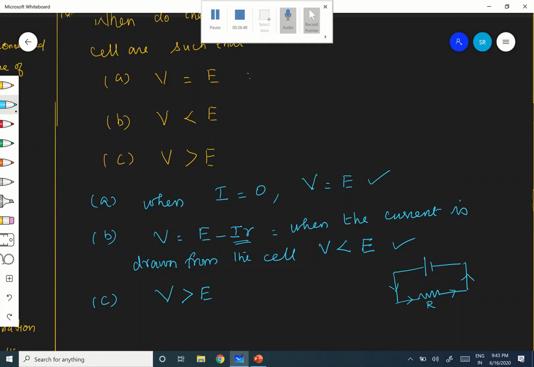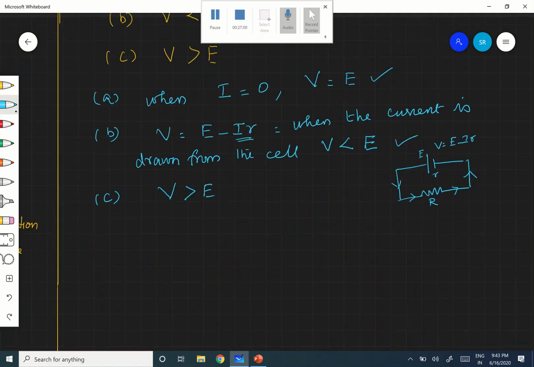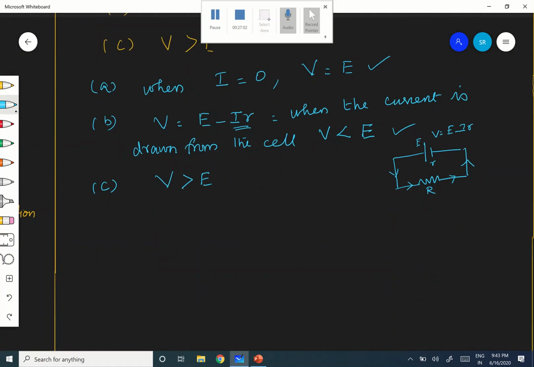In this case, V is equal to E minus Ir, where r is the internal resistance and the EMF of the cell is E. This is what is called discharging. The cell is delivering the current to the external circuit. The cell is acting as a source, so you are drawing current from the cell.